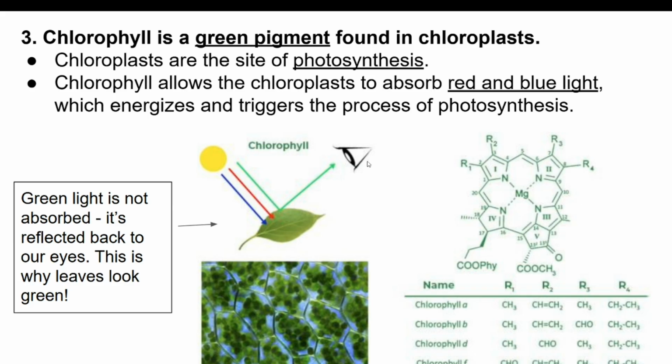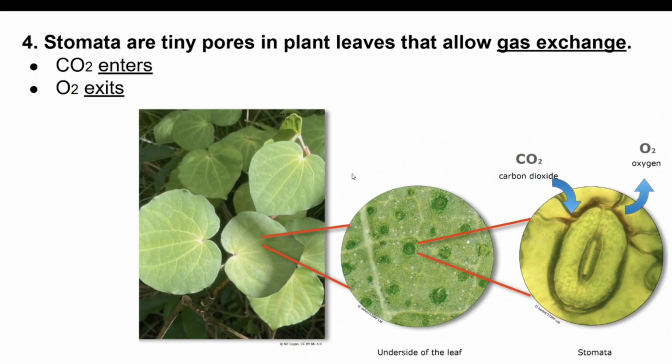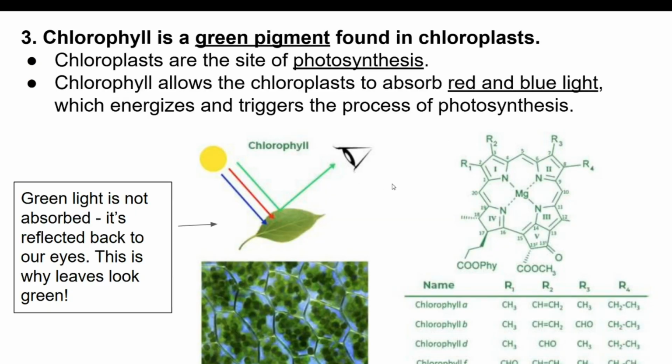So for our eyes, we only see different combinations of red, green, and blue. And so the plants actually use that same principle. They will absorb red and blue light, but they will not absorb green light. And that is why we see green. Okay? Chlorophyll, you don't need to know what chlorophyll looks like, but if you want to see just how complex chlorophyll is on a molecular scale, this is kind of what it looks like.